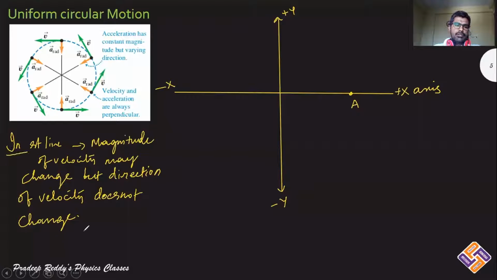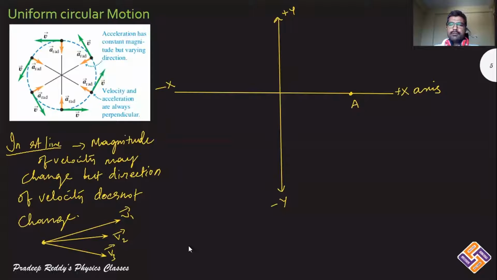In straight line motion, the body can be moving in different paths. See here, this is velocity v1, it is only in one particular direction. This is velocity v2, only in one particular direction. This is velocity v3, only in one particular direction. The magnitude of these velocities may change, but their direction remains the same in case of a straight line path.